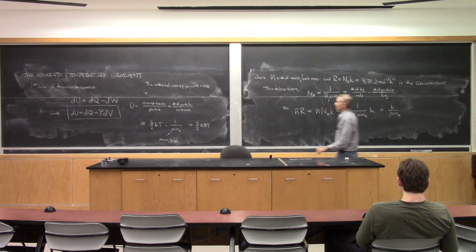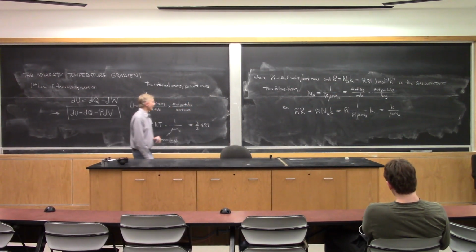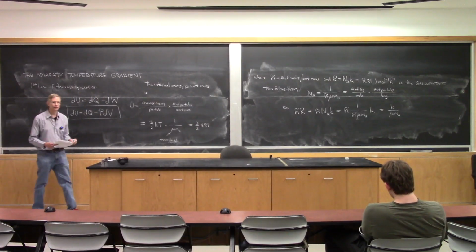So k over mu mh over here is indeed n tilde r, and so I can make that replacement.